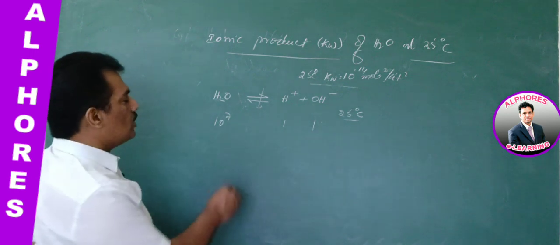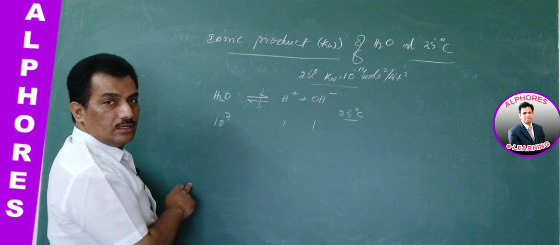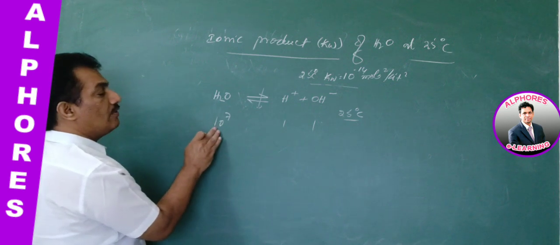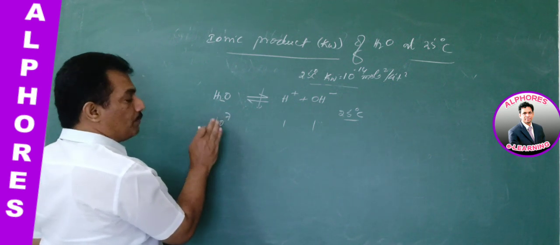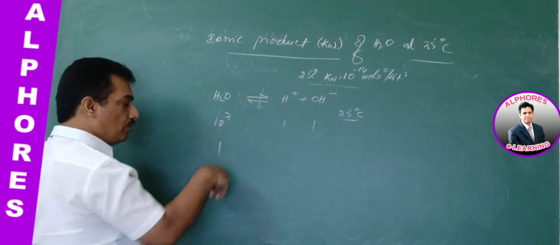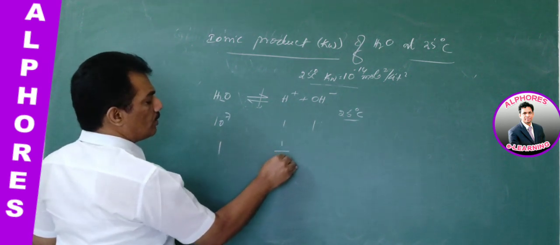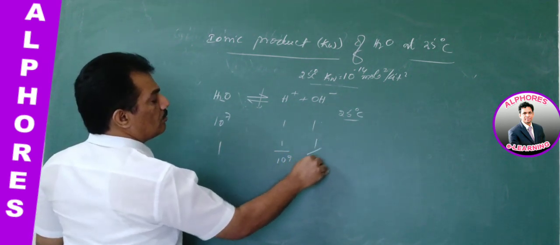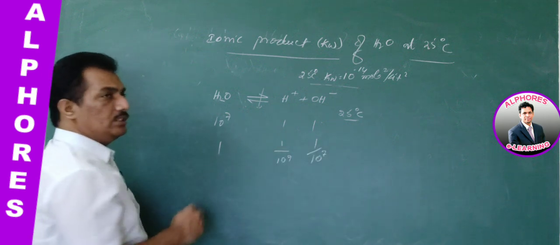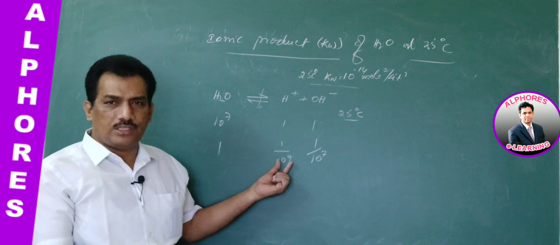And all these calculations are only at 25 degrees centigrade. Clear? When 10 to the power of 7 moles are present and 1 mole dissociates, then if only 1 mole is present, what happens? Simple: 1 by 10 to the power of 7, 1 by 10 to the power of 7. That means this much of the moles will dissociate.